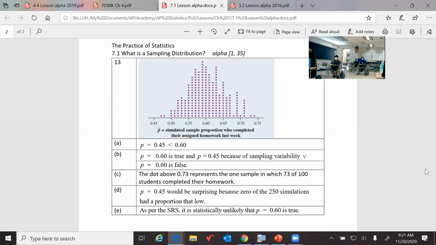So that appears to be comparing the simple random sample from the statistics class to that software generated sampling distribution. That appears to give evidence that the school is exaggerating what proportion of their kids do their homework. Make sense? So that's that for 7.1 alpha.